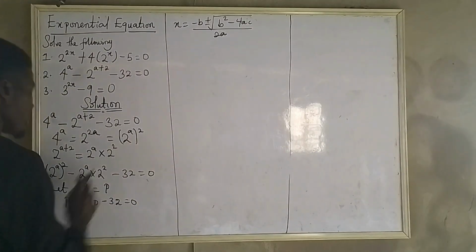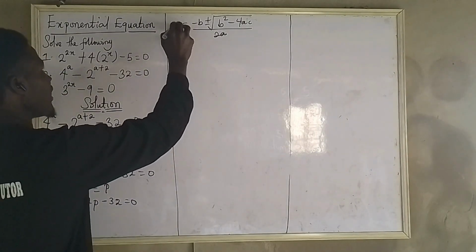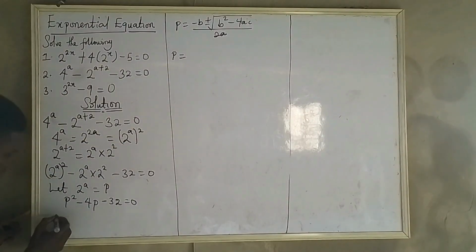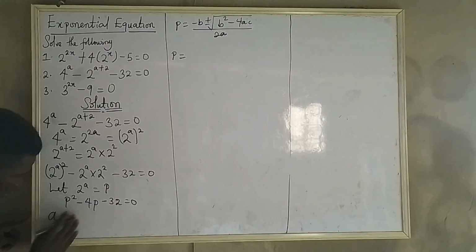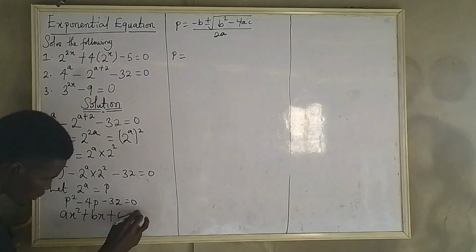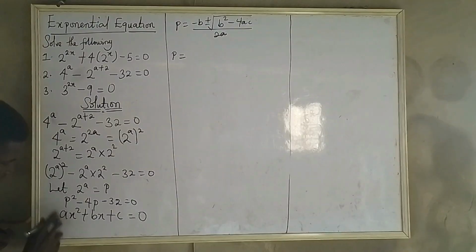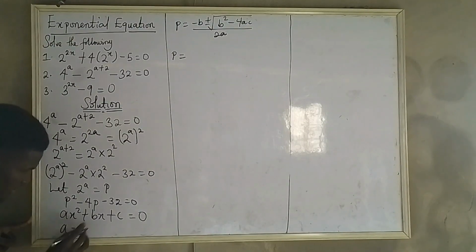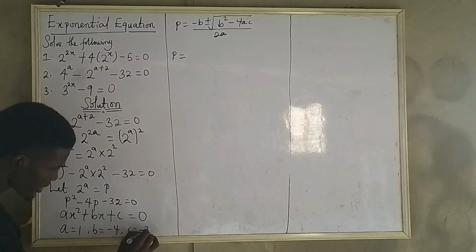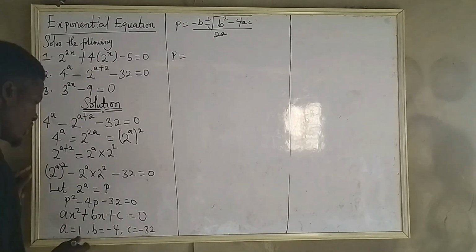Since I'm having p, this will be p instead of x. A here is 1, from your quadratic equation ax squared plus bx plus c equal to 0. So a is 1, b is minus 4, and c is minus 32. Alright, so let's put that here.